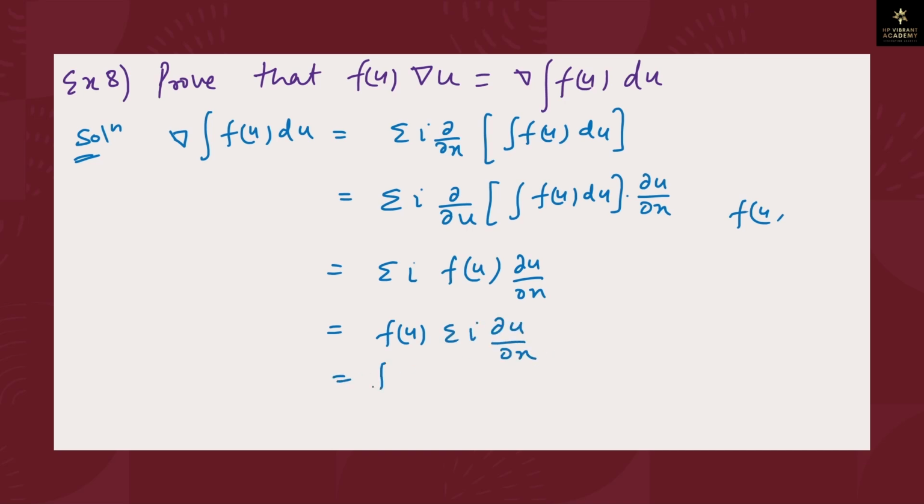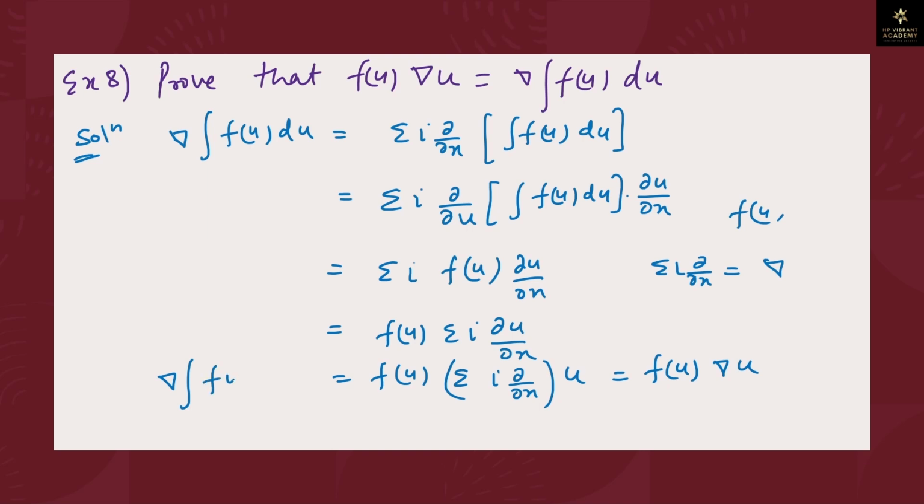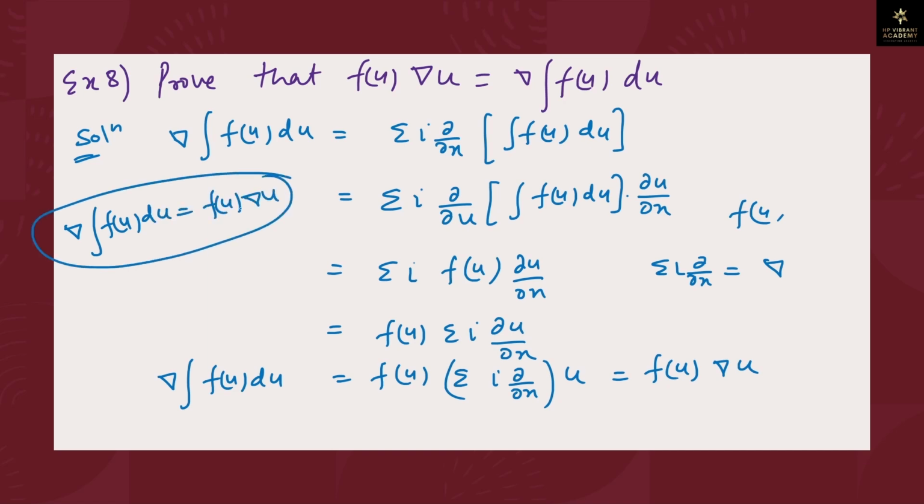So this is equal to f u into summation i del upon del x into u. Summation i del upon del x is equal to del operator. So this is equal to f u into del of u. So del of integral f u du is equal to f u into del of u. This is the solution of question number 8.